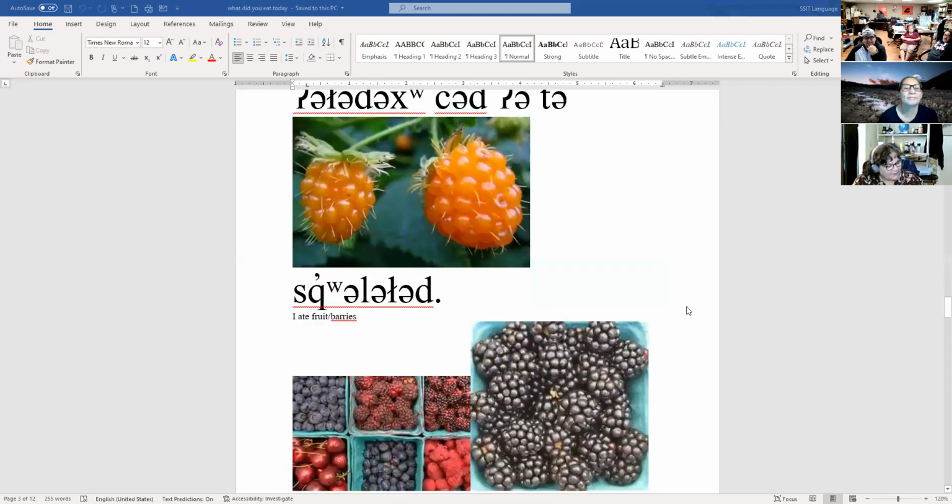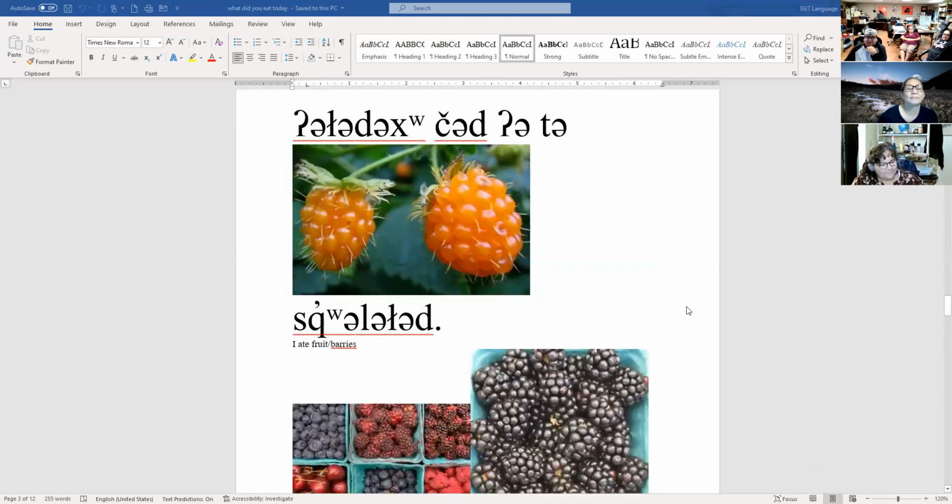Then we go into verbs. There is a different word for fruit. These are all berries, but there is a different word for fruit that I'm totally spacing out on right now. I have it written somewhere. They have a different word for melon fruit, like watermelon and cantaloupe.